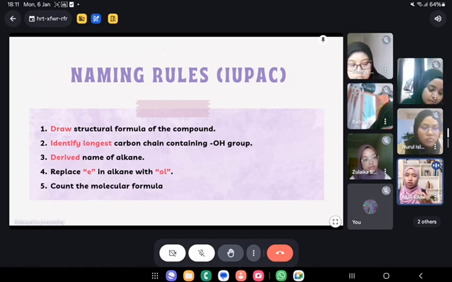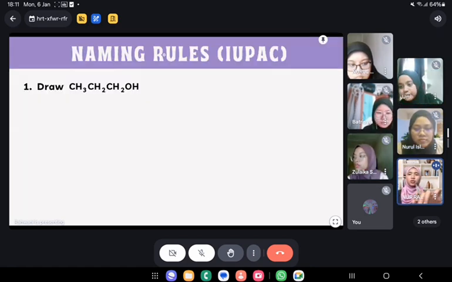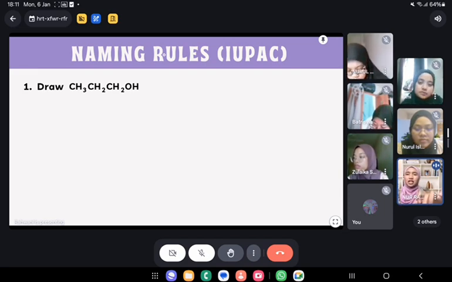So if I just deliver it to you by just talking, of course I understand you won't be able to imagine it. So now students, please take out a piece of paper and let's do one example together. The compound I show you is CH3CH2CH2OH. Can you draw out the structure and show it to the screen, please?